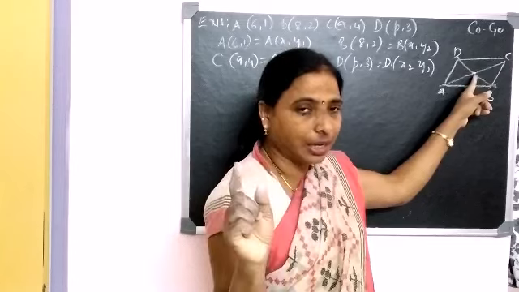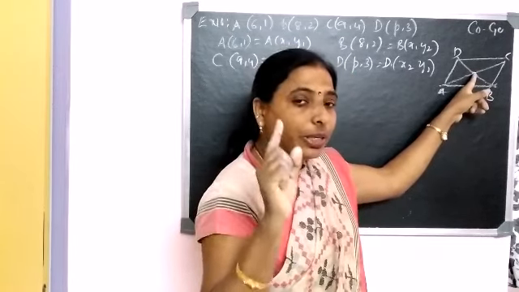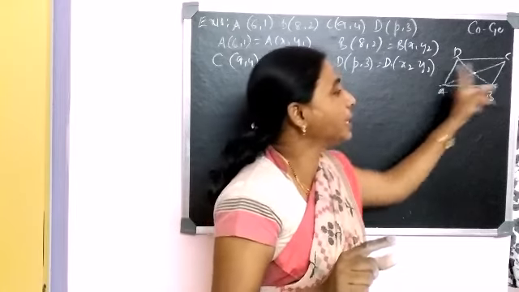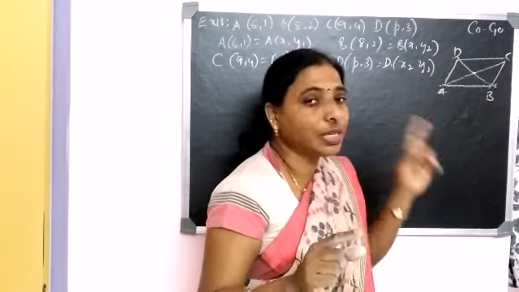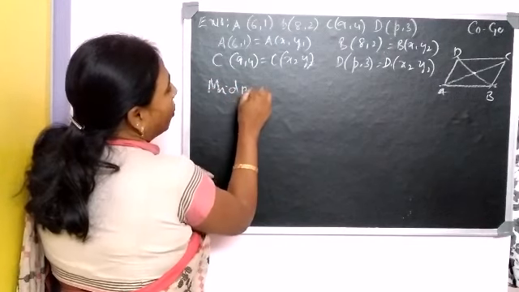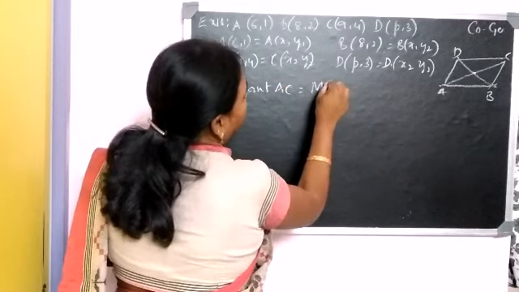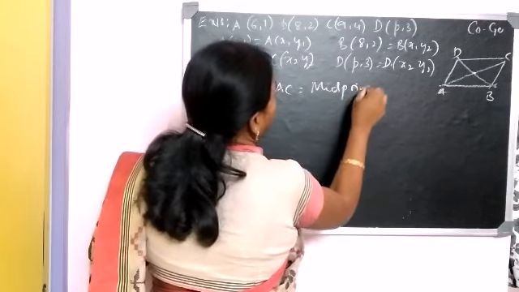The diagonals are unequal, whereas the meeting point is the same. The midpoint of AC is equal to the midpoint of BD. Therefore, let me take that the midpoint of AC is equal to the midpoint of BD.